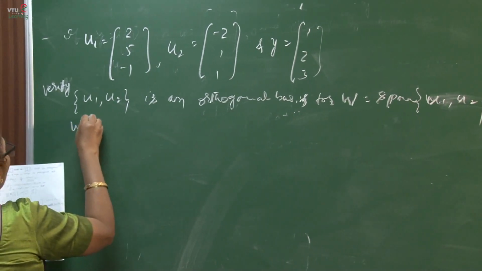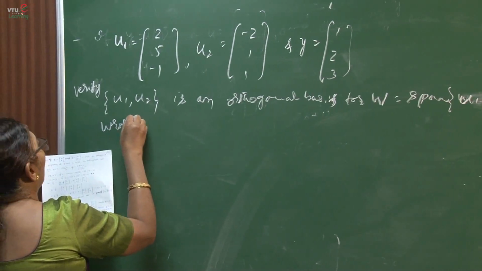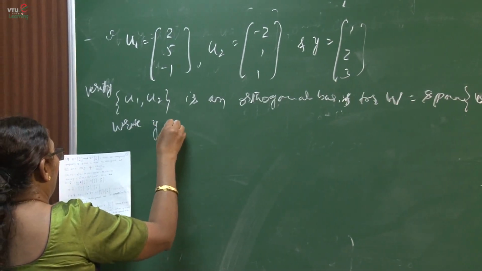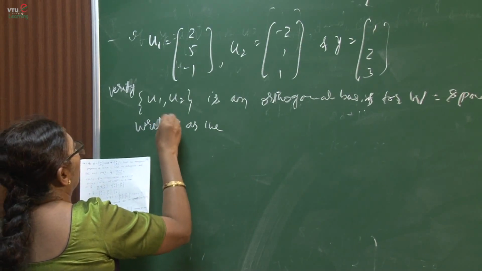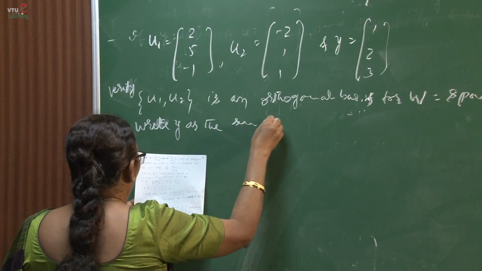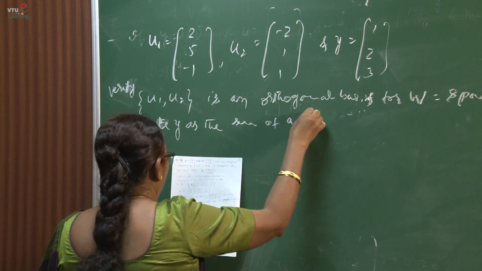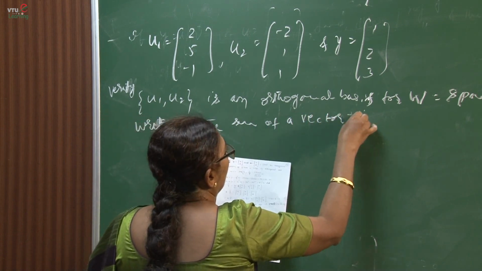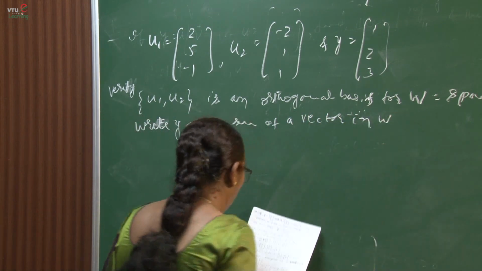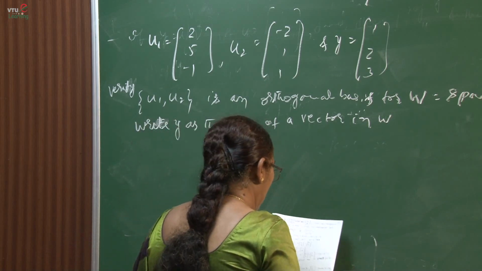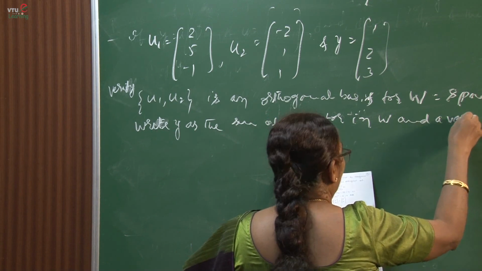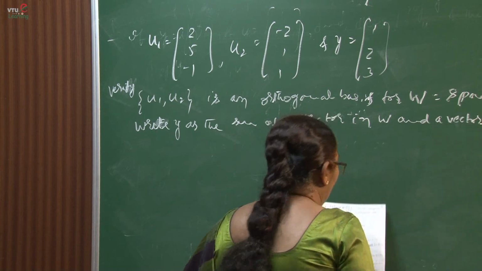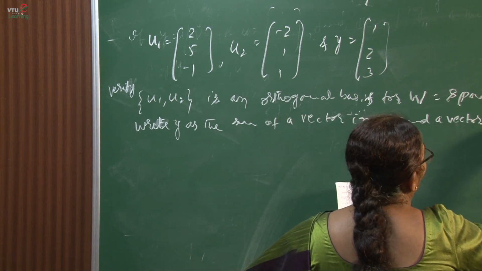Alright, Y has the sum of a vector in W and a vector orthogonal to W.